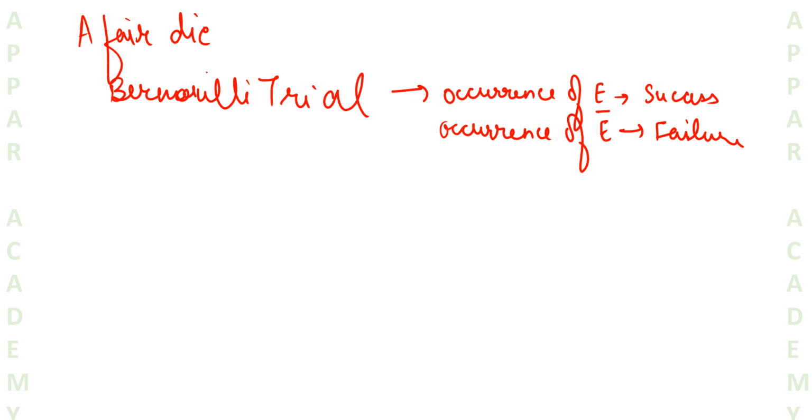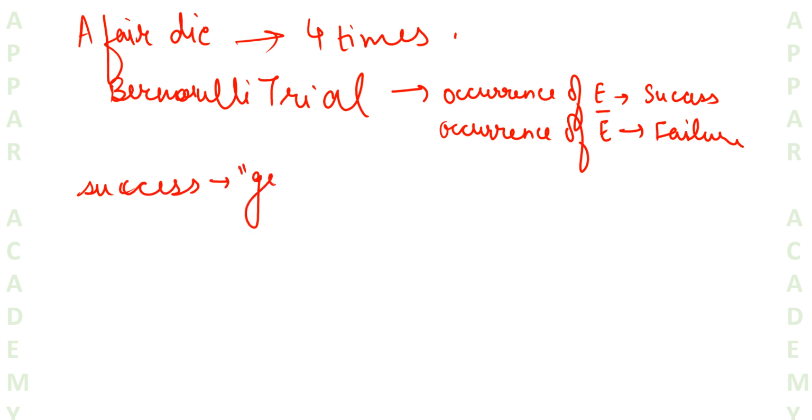So now, let's suppose this fair die, we are tossing it 4 times. And we treat success as getting a 2. Now we know that there are 5 different outcomes of not getting a 2, so we can simply convert this failure as not getting a 2.